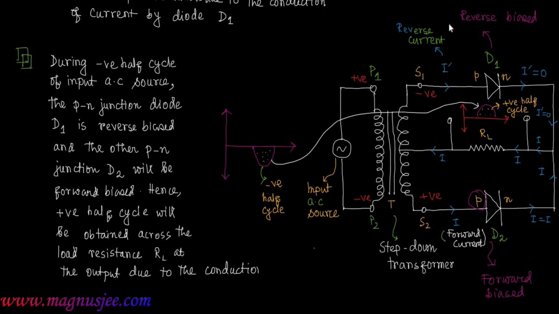D1 or D2? Conduction of current by D2. Due to the conduction of current by the diode D2, the PN junction diode.